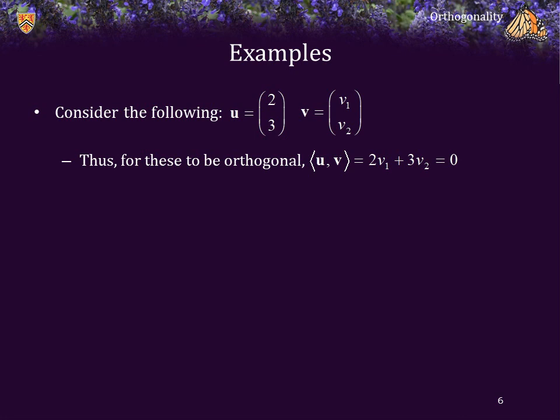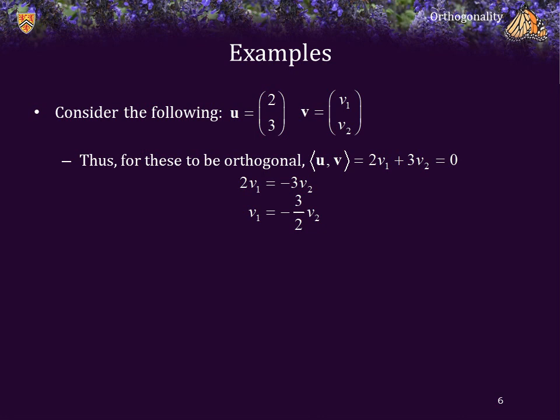Well, equating that algebraic expression to 0 says that 2v1 is equal to negative 3v2, and dividing both sides by 2 gives us that v1 must equal negative 3 halves of whatever value v2 takes on.